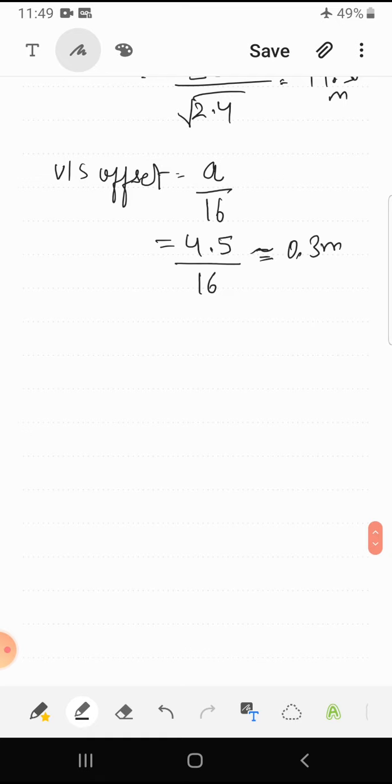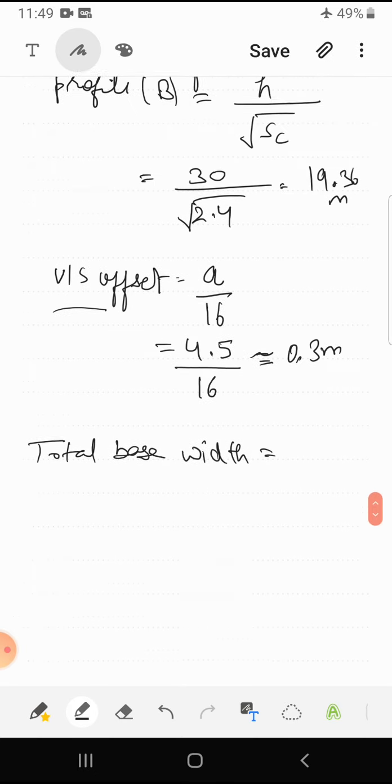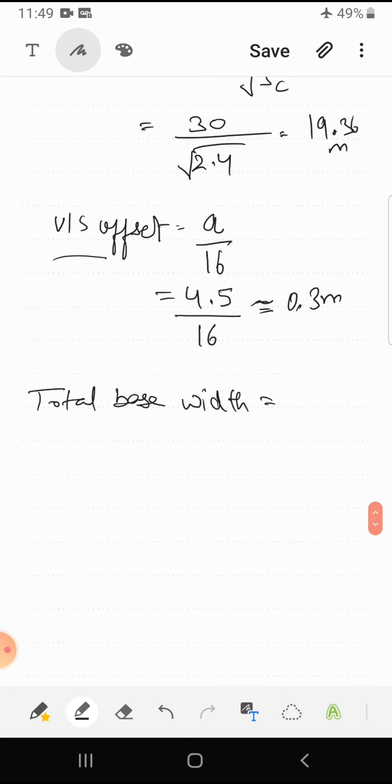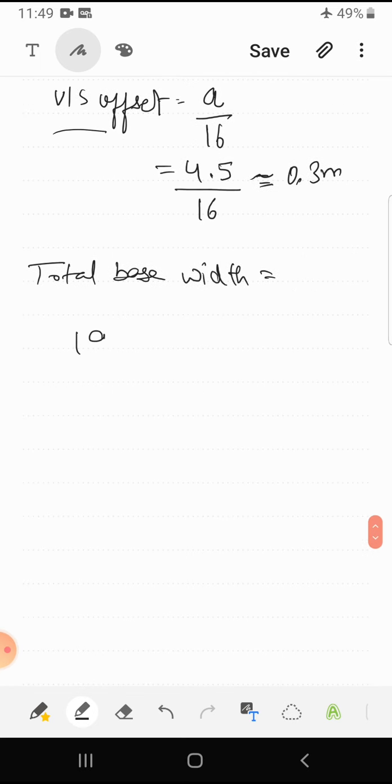Now total base width will be equal to upstream offset plus base width of elementary profile. So it will be 19.36 plus 0.3, which equals 19.66 meters.